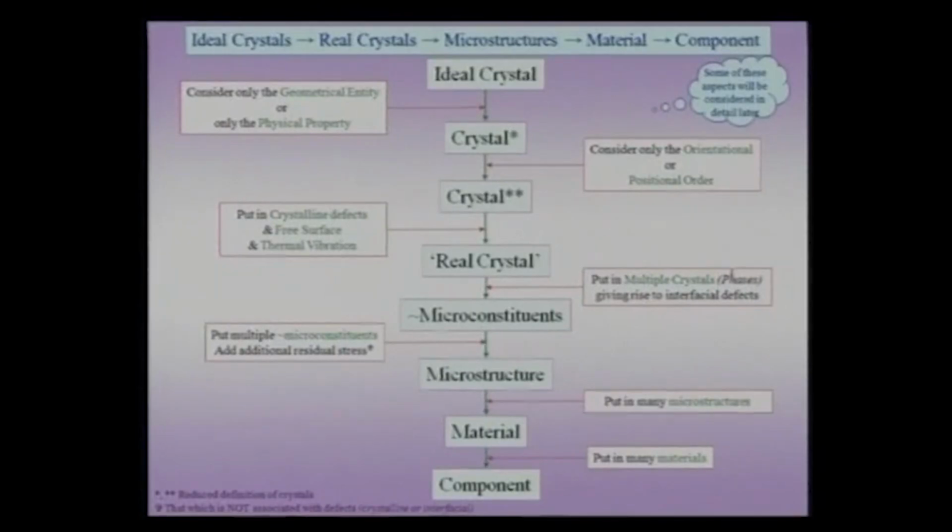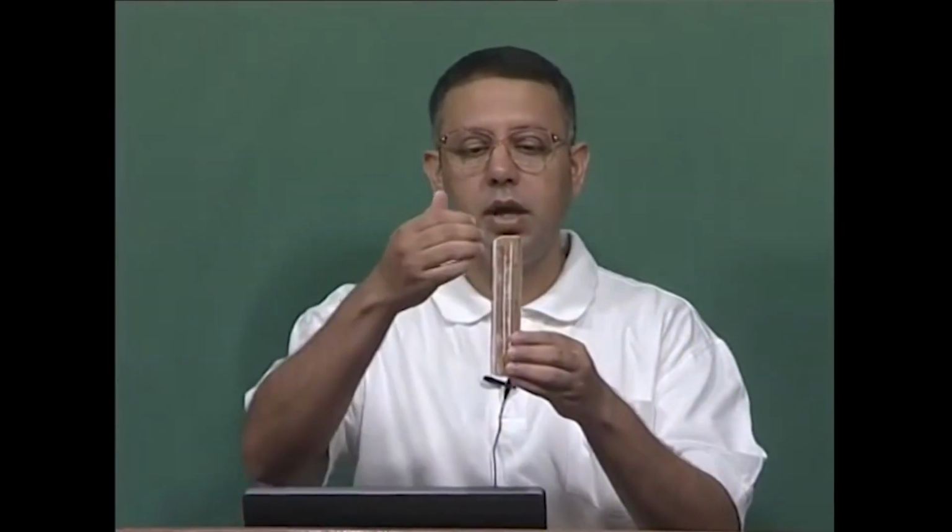For instance, suppose for now we assume that these are crystalline materials, then I would have an interface between these two kinds of crystal. This is something which will become unavoidable when you put in multiple phases, and this would give rise to the concept of a micro constituent.